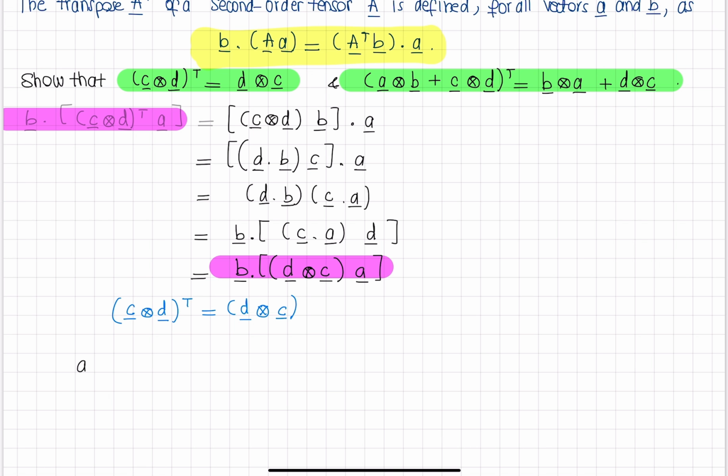So I'll do the same thing: transpose, and I'll apply that to some vector e, dot the result with f, to get the tensor transposed.